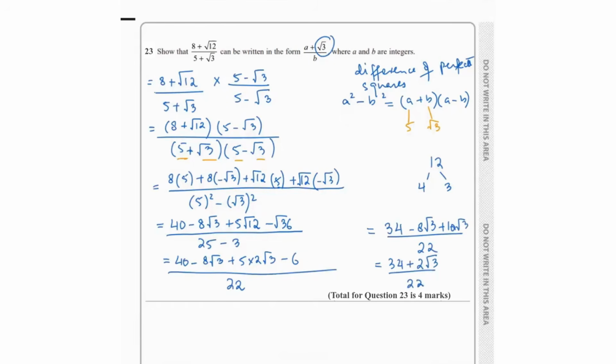Since 34, 2 and 22 are all in the 2 times table, we can further simplify by dividing each term by 2. That gives us 17 plus root 3 over 11. So a is 17 and b is 11. That's your final answer.